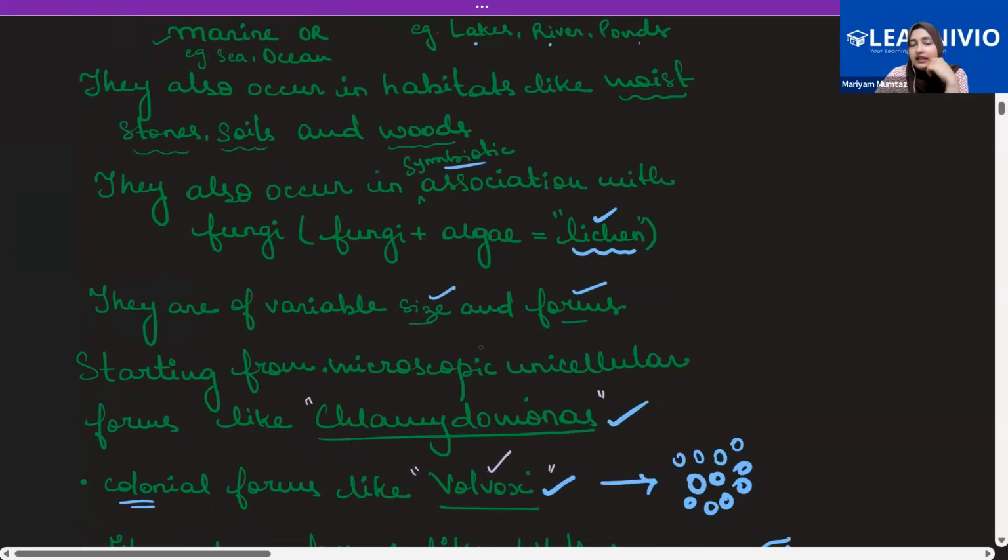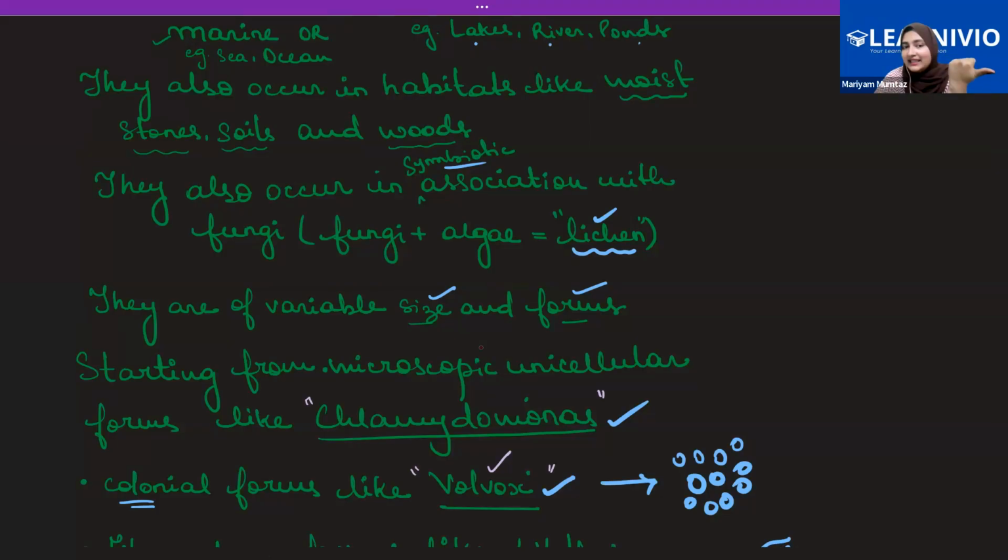Many times they come in, you remember symbiotic association? They were associated with fungus and we called it lichen. So they can be found in a symbiotic association as well. And they are of variable sizes, meaning you can see a microscopic algae and macroscopic algae also.